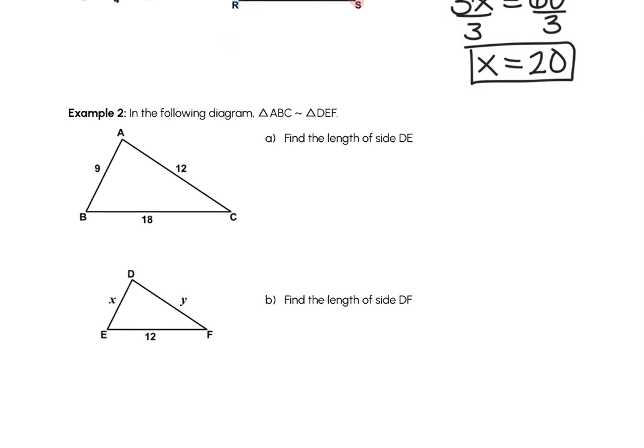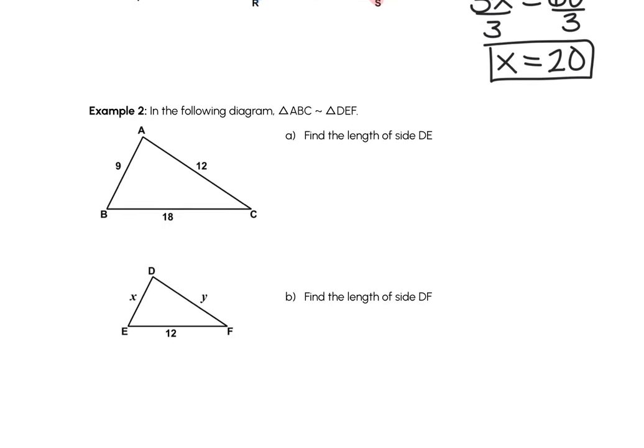In example 2, we've got two side lengths defined. They tell us in the following diagram triangle ABC is similar to triangle DEF. So I'm going to start by finding the side length DE. Here they labeled that with an X. That side, DE, the first two letters, corresponds with AB. So those two line up. And then I have to find another side length that I know. Well, I know the bottoms of the triangle here.